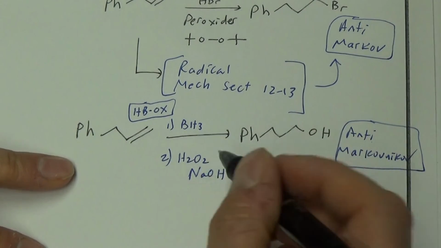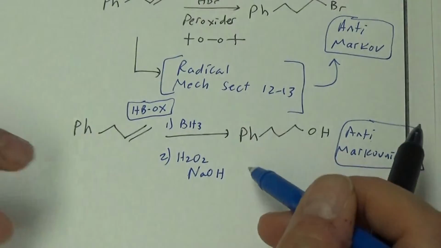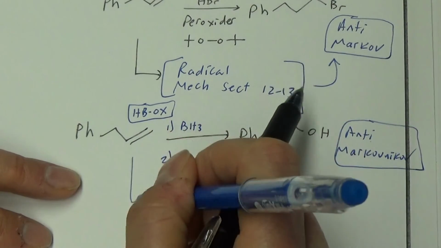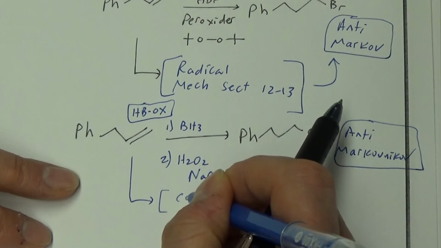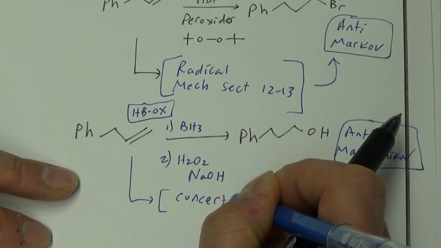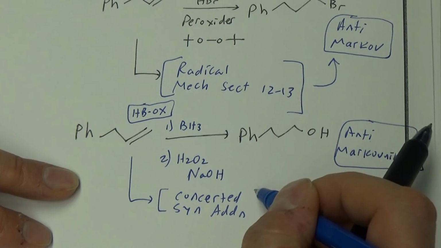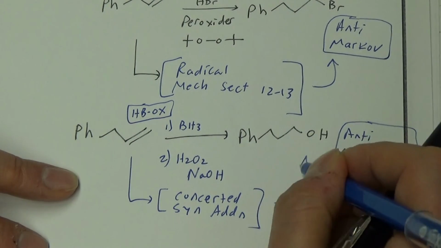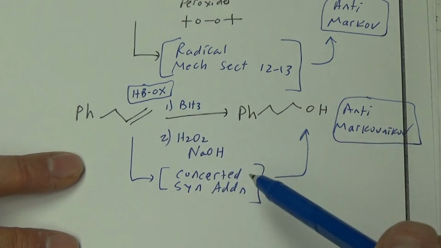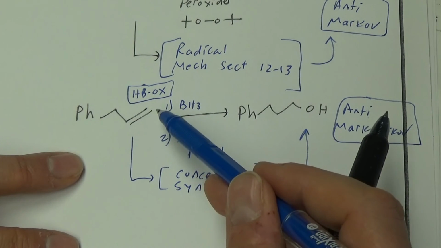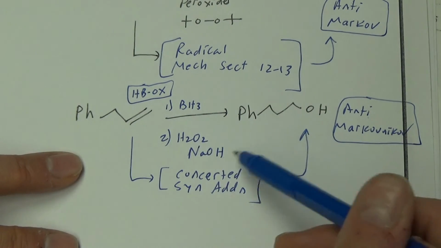So in a nutshell, I'm not going to review this mechanism because it's a little time intensive, and we already did it in Organic 1. What I will say, though, in summary, and you can totally review it, is it's a concerted syn addition which essentially attaches the boron to the end carbon, and then the boron gets converted to oxygen through the next step.